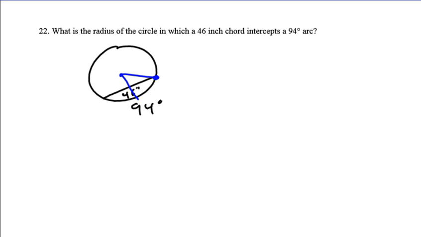This radius is perpendicular to the chord and therefore bisects it. So that means that this half of the chord right here is 23 inches. And since it also bisects the arc, each half of this arc is 47 degrees. And if the arc is 47 degrees, the angle is 47 degrees, which means I want to see this triangle a little bit bigger.